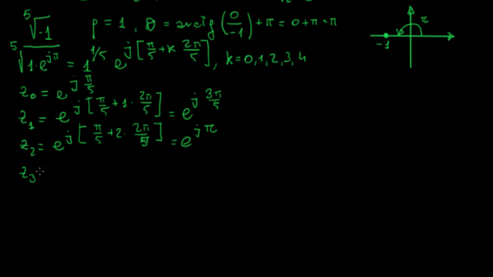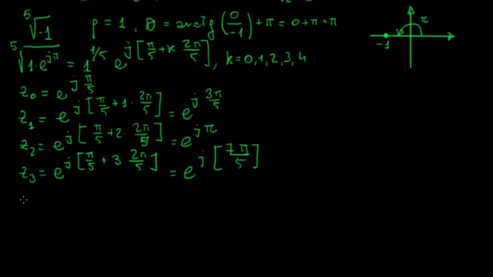Z sub 3 is e raised to j, pi over 5 plus 3 times 2 pi over 5, which is e raised to j, 3 times 2 is 6 and 1 makes 7 pi over 5, 7 pi over 5.